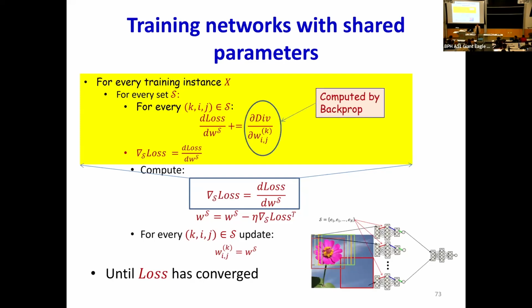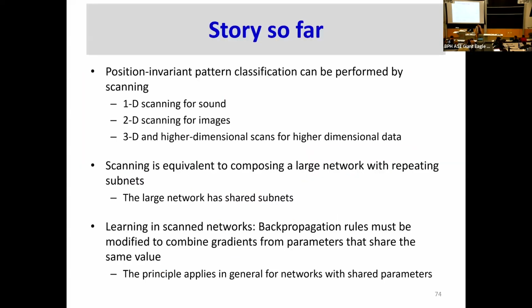Okay. And this derivative, which is to say the derivative with respect to each of these terms, which have the same value, that is going to be computed using backprop. And so the story so far, position invariant pattern classification can be performed by scanning, 1D scanning for sound, 2D scanning for images. And this can be generalized to higher dimensional data as well.